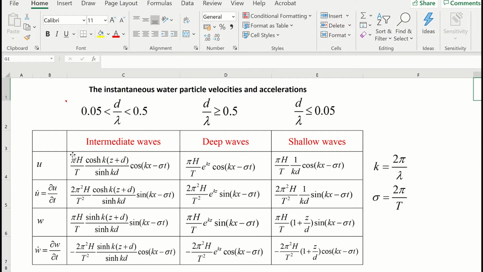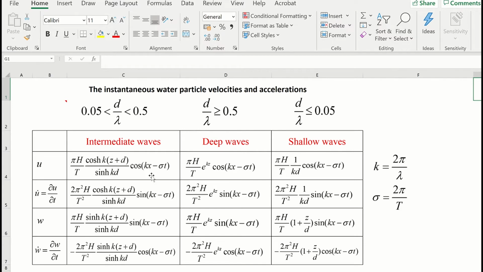In these equations we have symbols: H, which is wave height, wave period is T, k is the wave number, which is defined as 2 pi divided by wavelength, and sigma is the circular frequency, which is defined as 2 pi divided by wave period.